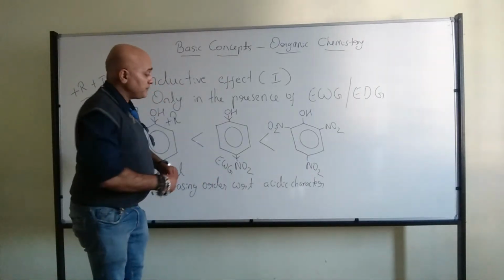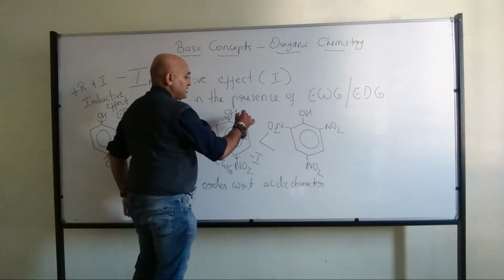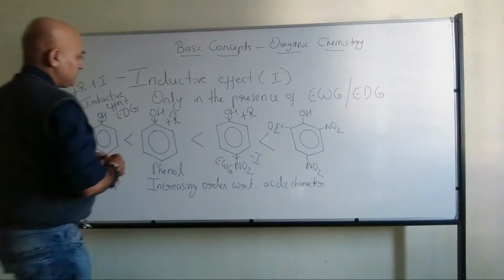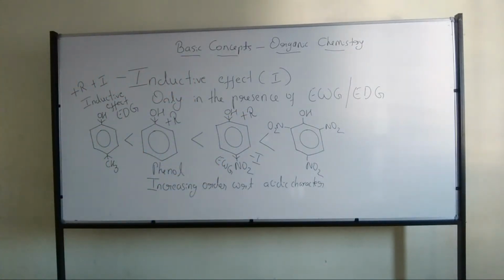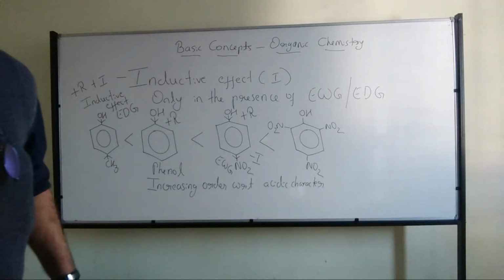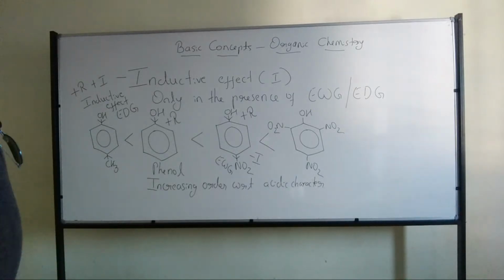So negative resonance and negative inductive effect it will show, together with the positive resonance, which causes the higher acidic character. Same logic is applicable when I am talking about picric acid.